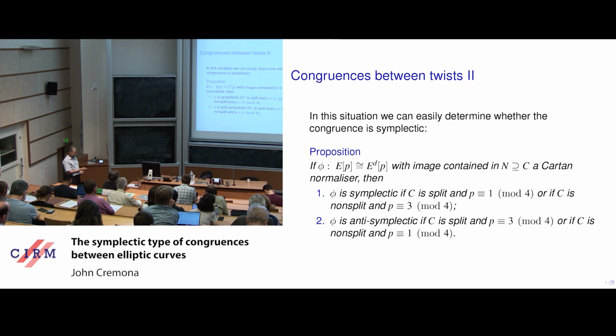And we see examples of that. Usually when you have this Cartan normalizer situation, that's true for a unique Cartan subgroup. But when the image is quite small, not so small that the whole thing degenerates, but when it's quite small, it can happen in more than one way. So this is quite fun.